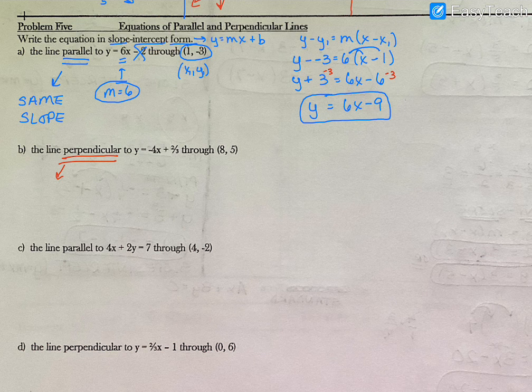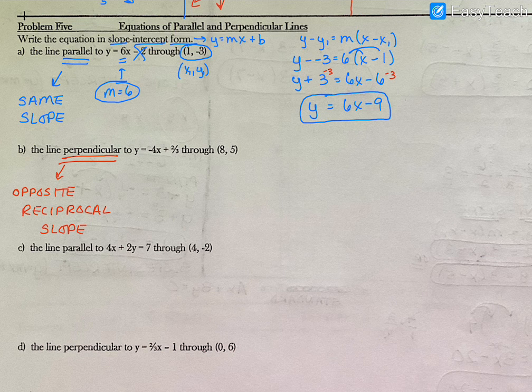Perpendicular lines, opposite reciprocal slopes is what I say. Okay, so perpendicular lines are always opposite reciprocal. Opposite meaning opposite of positive or negative, so the opposite sign. Reciprocal meaning flip the fraction upside down.